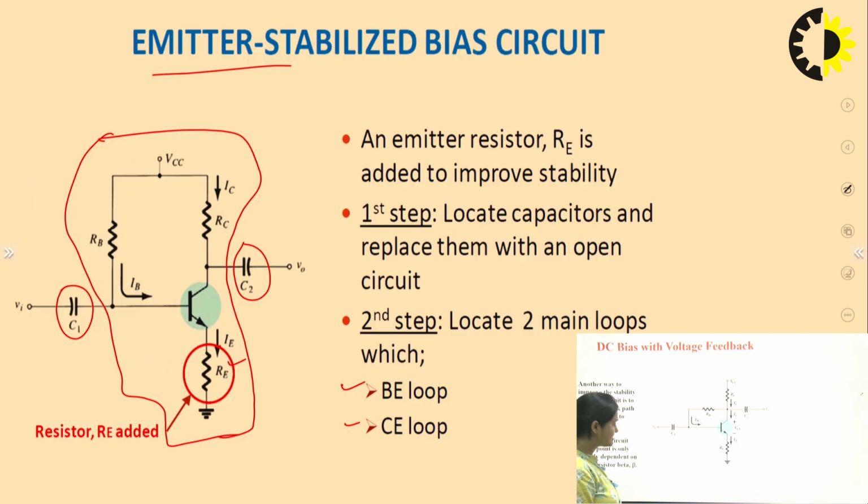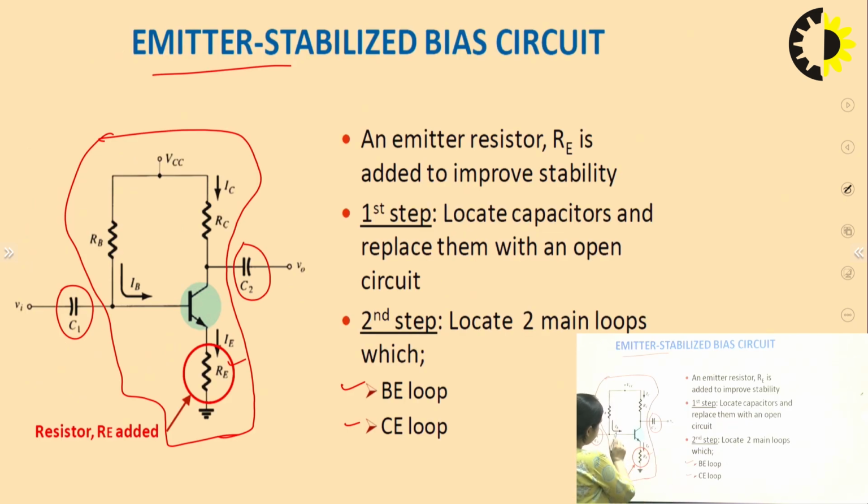And here you can see that definitely the IE term will come into the picture to calculate this IB, and if I calculate the value of this IB, that will produce a value of IC which is less dependent on the value of beta or temperature as compared to the resistor bias technique or fixed bias technique.